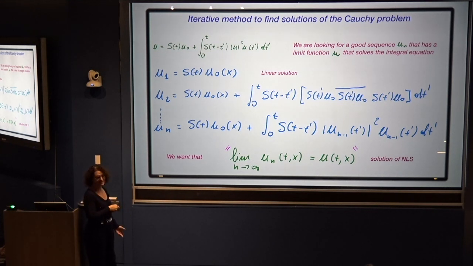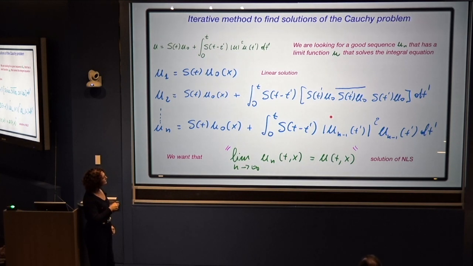Well, by iteration. So the first element of our sequence is the linear evolution, which we understand very well. What's the second element? Well, we use the Duhamel formula here. So we keep the linear evolution, and then we have this non-homogeneous term in which we replace the U here with the previous one, with U1.